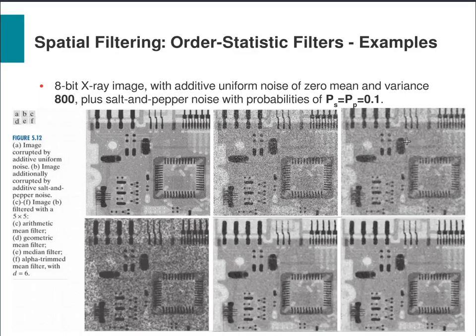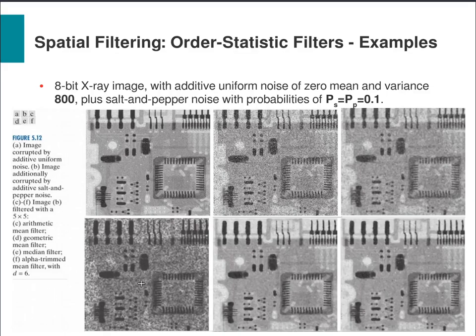On top right corner you see the result of applying the arithmetic mean filter to the image. So as you can see, the image is much better than the previous one, but there are a lot of features that are smoothed out and are not visible. So in general, the arithmetic mean filter is not a good choice for getting rid of the combination of uniform noise and salt and pepper noise.